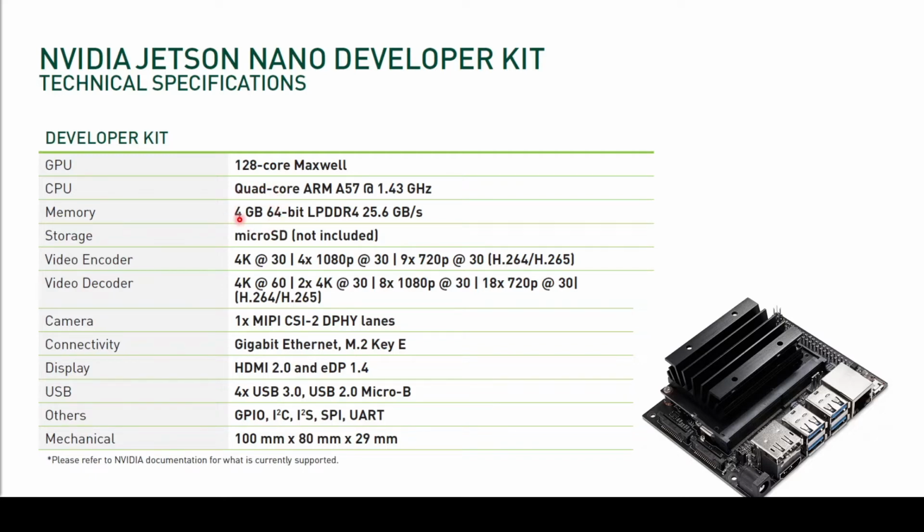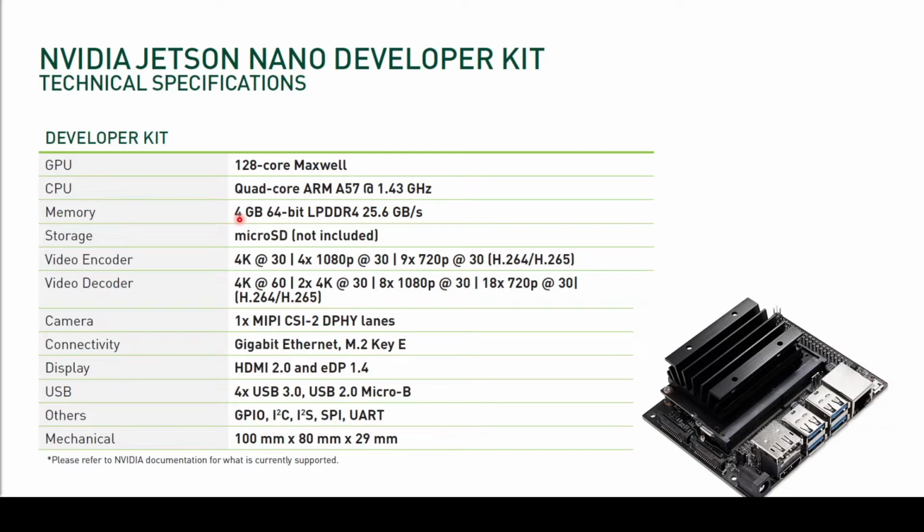The GPU is a 128 core Maxwell, the CPU is a quad core ARM A57, and then they have a micro SD storage slot, but the micro SD is not included, but you can buy it and slot into the micro SD slot. And then we have a 4K video encoder, and a 4K video decoder.